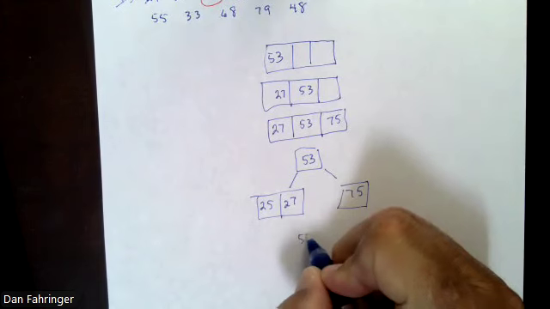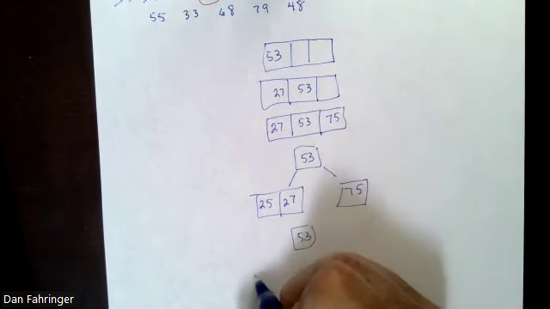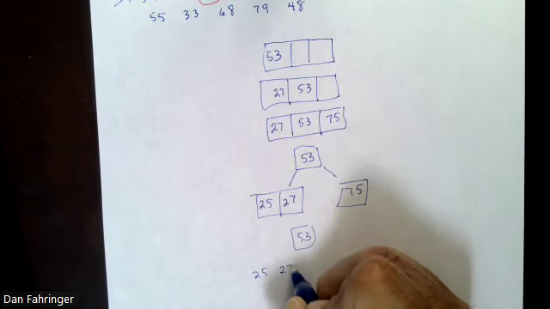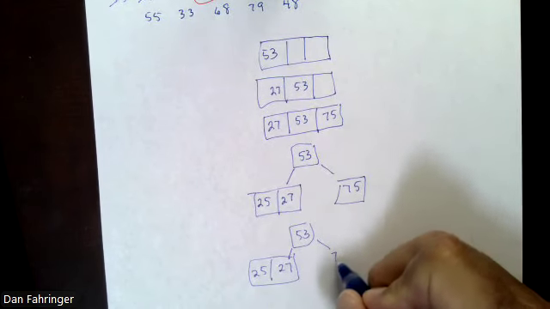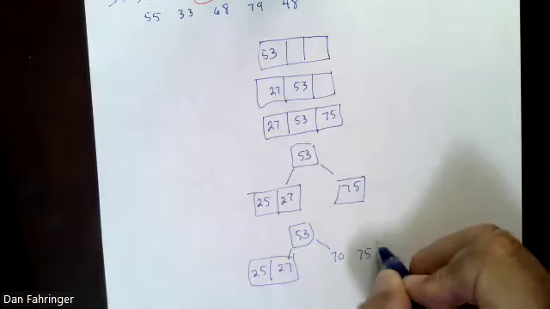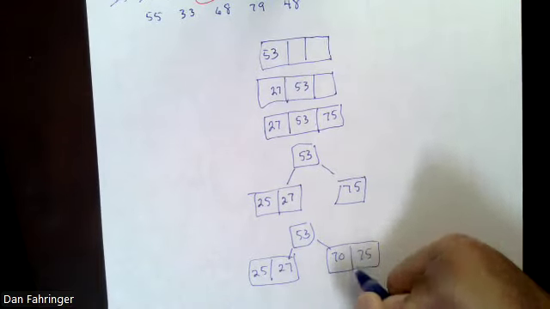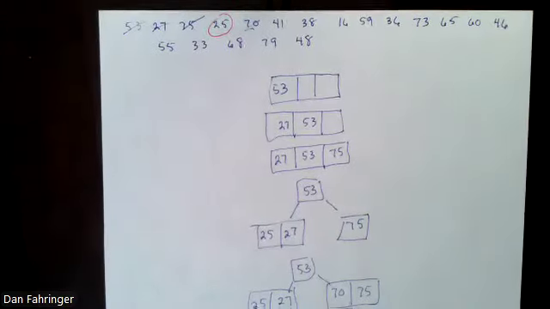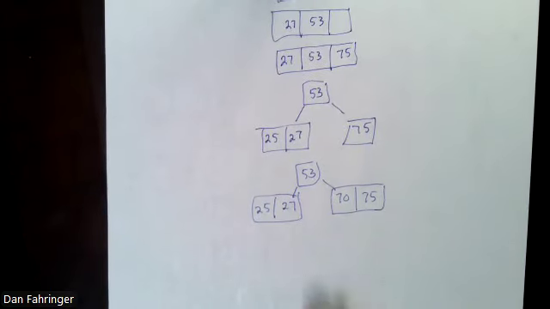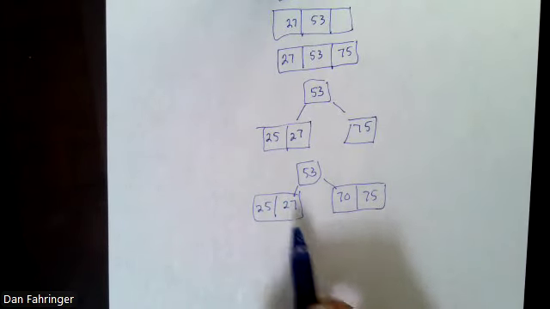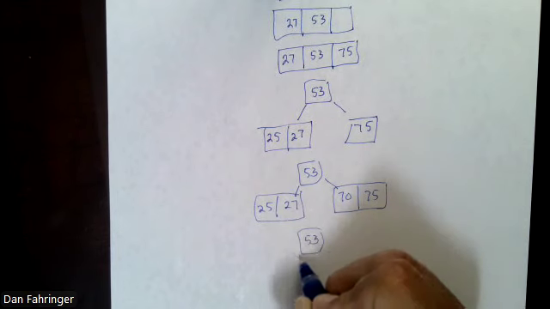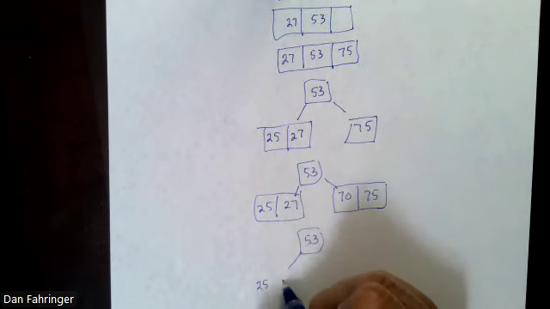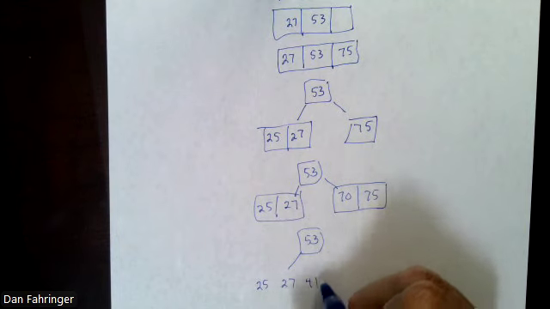So my next one is going to be 53, 25, 27, and over here will be 70 and 75. 41 is going to go to the left side of the 53. 53 stays. 25, 27, 41.